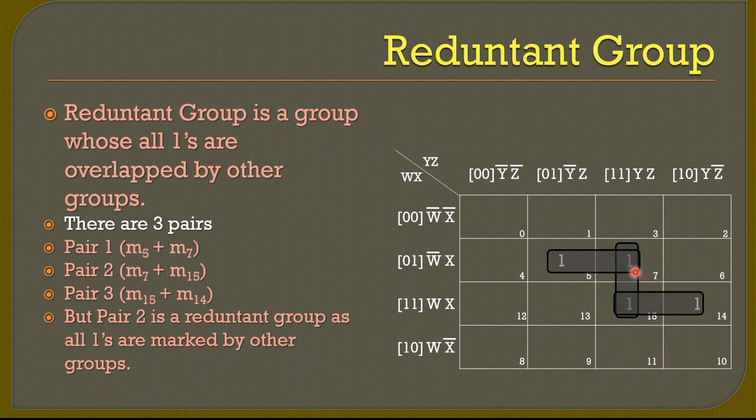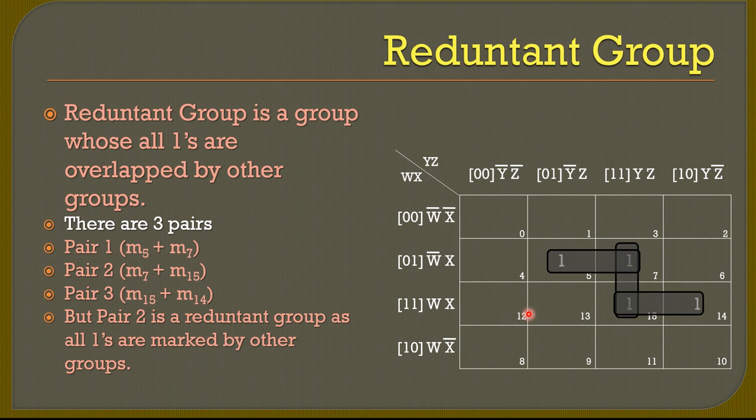The minterm 7 is already marked by pair 1, and the 1 in 15 is marked by pair 3. That means pair 2 is the redundant group because it is completely marked by other groups.